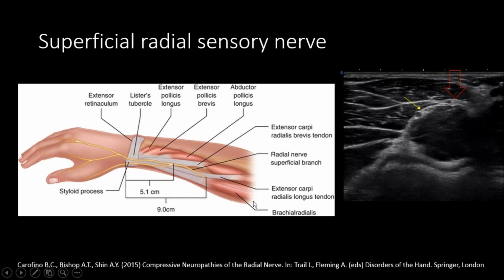This nerve becomes superficial. Till that point, it is traveling between different muscles and fascial planes of the muscles, and at about 10 centimeters above the styloid, it comes superficial between extensor carpi radialis longus and brachioradialis.